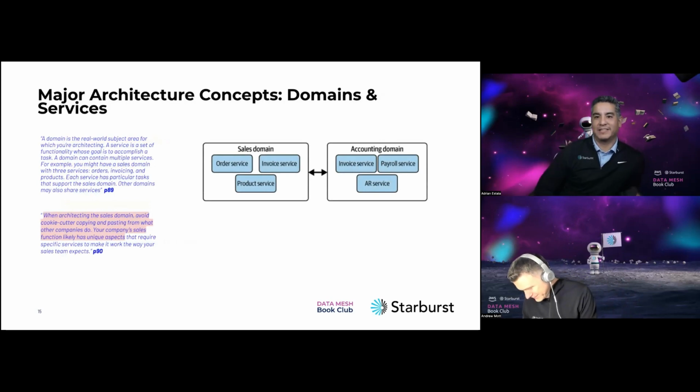Highlight obviously this page and this section, because we're talking about domains and services, and of course the obvious thing is to think about domains and data products. I was trying too hard to force the concept of domains and products into this example, and I had to sit back and think about it. There's certainly some synergies, but I think there's a distinction between the services we're talking about here and data products.